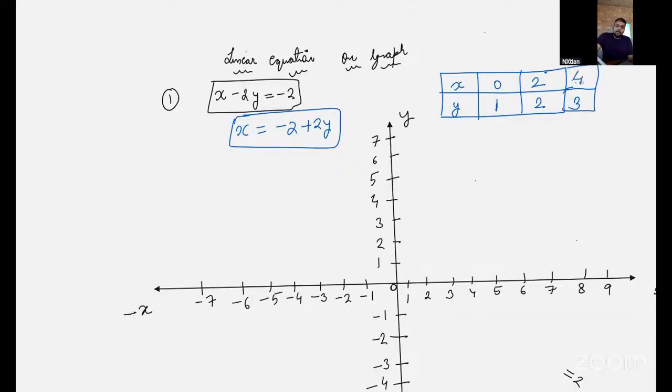Correct. Now I will give a chance to David. David, mark this on the graph. You have a pencil right now in front of you. Just put a dot there. 0, 1 is here, no? So put a dot. Next point, Agatha. Agatha, 2, 2.